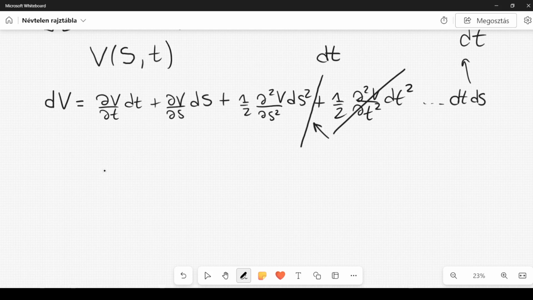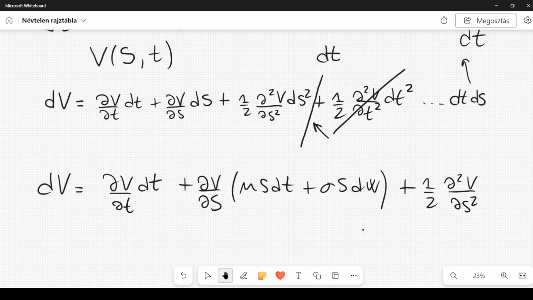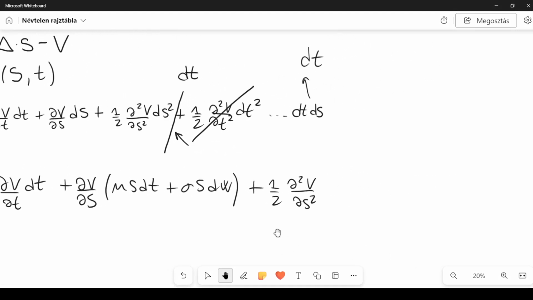And what I can do now is I want to replace this delta s squared. So I want to rewrite dv as dv dt dt, and then we also have plus dv ds. And this ds can be replaced by its definition, which is mu s dt plus sigma s dw, plus 1/2 d squared v ds squared. And then we have ds squared. So ds squared will be the square of this, right?